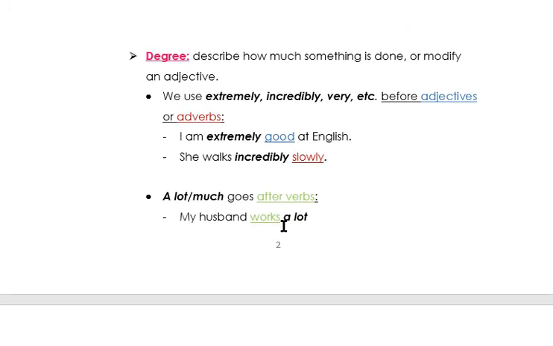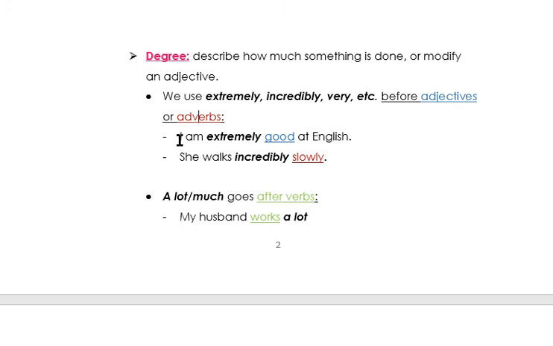Another type of adverb or adverbial phrases are those of degree. Adverbs of degree describe how much something is done, or they can modify an adjective. We use extremely, incredibly, very, etc. before adjectives or before adverbs.